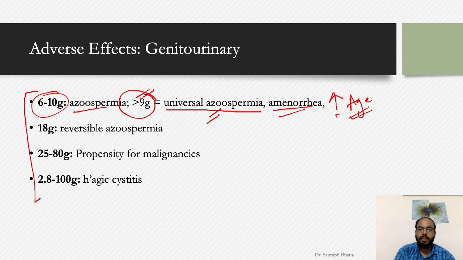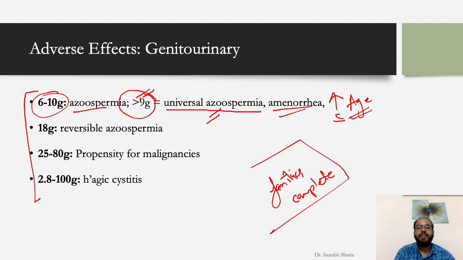This is important. So remember that the patient has to be counseled, and cyclophosphamide should be considered in patients whose families are complete. This important side effect has to be discussed with your patient before starting even oral or IV cyclophosphamide.